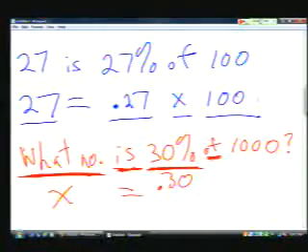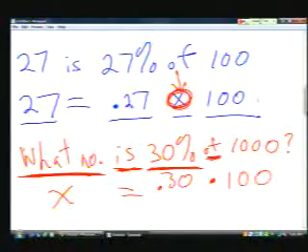"Of" translates as what? What's "of" translate as, Jay? Times. And in algebra we usually use a dot instead of an x because we don't want to get confused with x. So that's how we translate that.